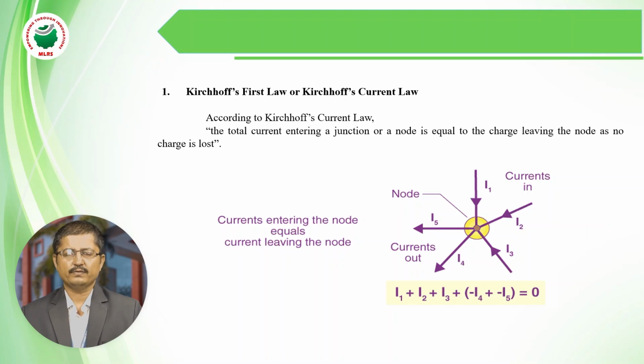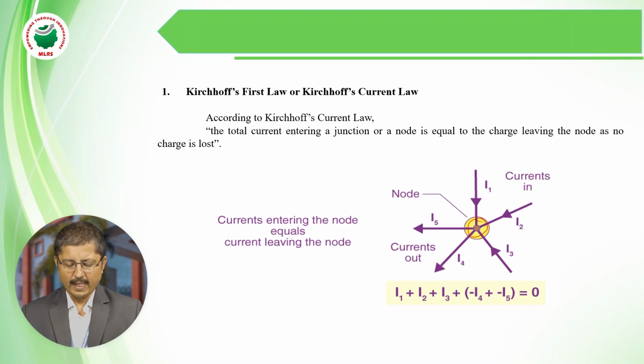First we will see the statement, then I will explain it. The statement says that the algebraic sum of the currents meeting at a particular junction is equal to 0. A junction is the interconnection of more than two branches or more than two elements.